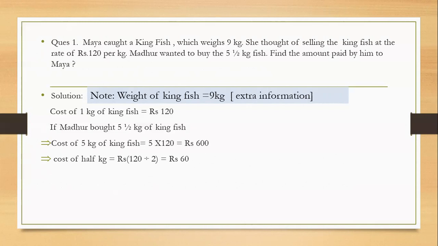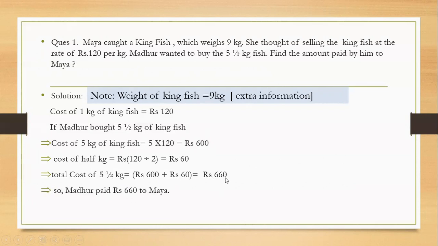So now we know separately the cost of 5 kg and half kg, that is rupees 600 and rupees 60. So in the third step, we will take the total cost of 5 and a half kg. So the total cost of 5.5 kg is 600 plus 60, which is rupees 660, which is your answer. So Madhur paid rupees 660 to Maya.